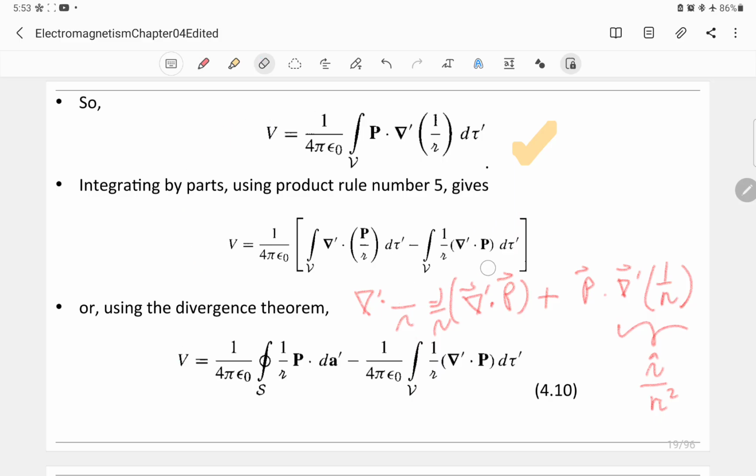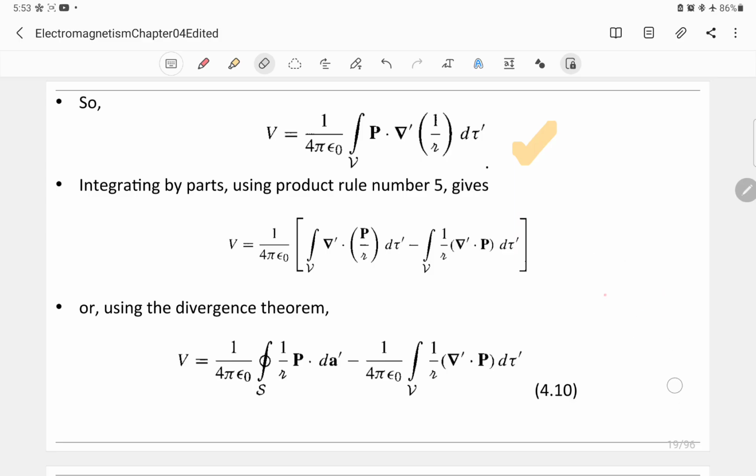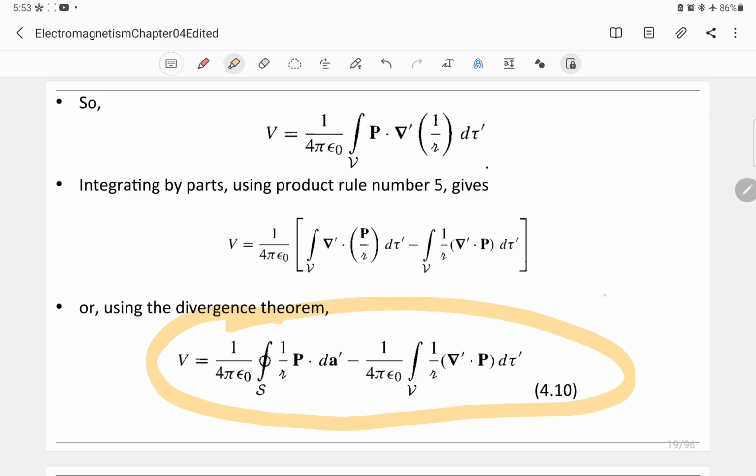Let me erase everything. You can rewrite this into this form. Using the divergence theorem, you can convert this volume integral into a surface integral.